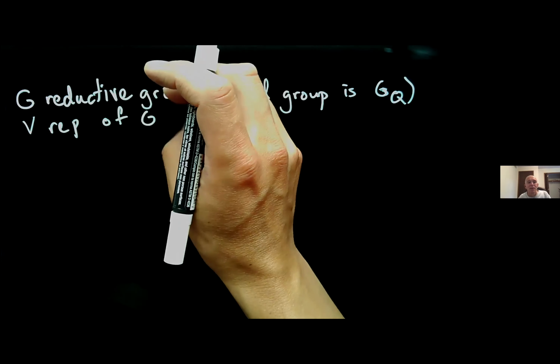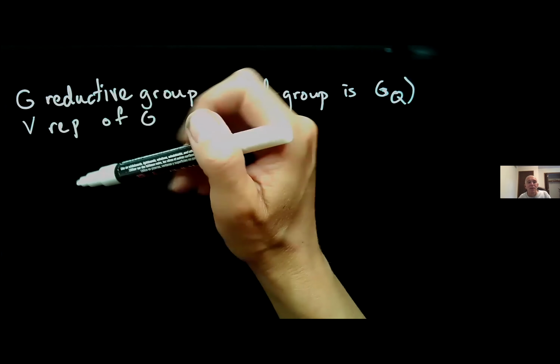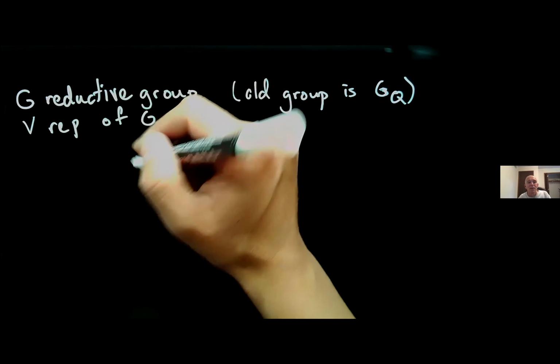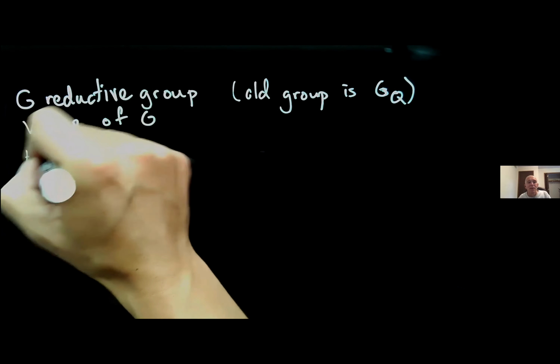Okay, so if I have this group G and I have this representation V, I can define the Higgs branch of this pair in a straightforward way.